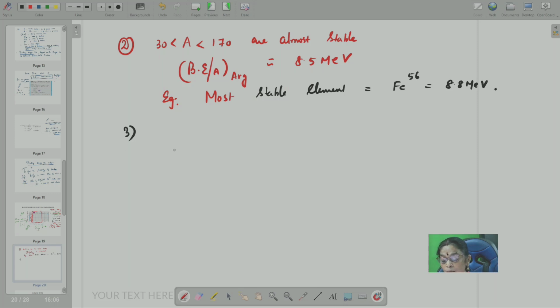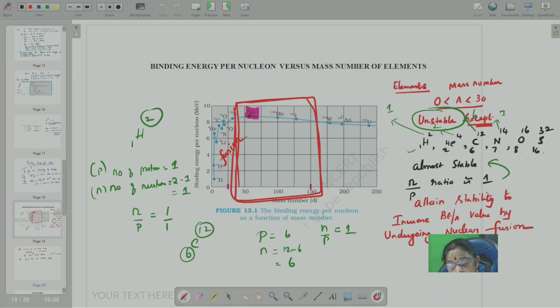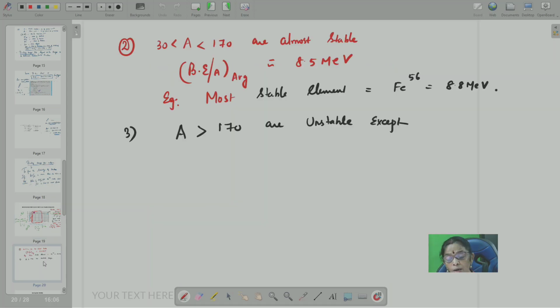Next, mass numbers greater than 170 are unstable, except a few elements. One such element we have taken, that is uranium-238, or tungsten-184. So I'll take except uranium-238. Except uranium-238, almost all other elements are unstable.